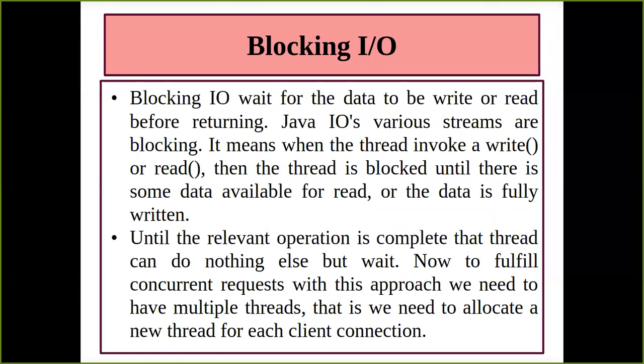So here, blocking IO has only a single thread available, which invokes the read and write method for an individual client's request. If I want concurrent requests to be passed to the server and the response generated for each client, I should have multiple threads, which is not possible with the blocking IO approach.